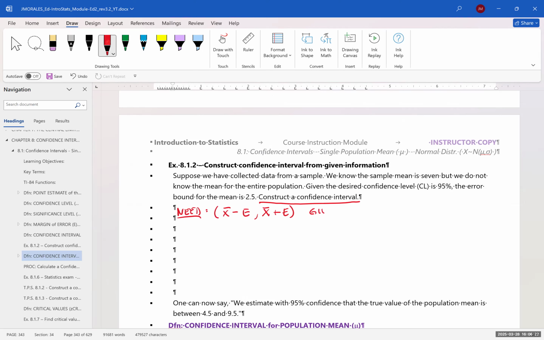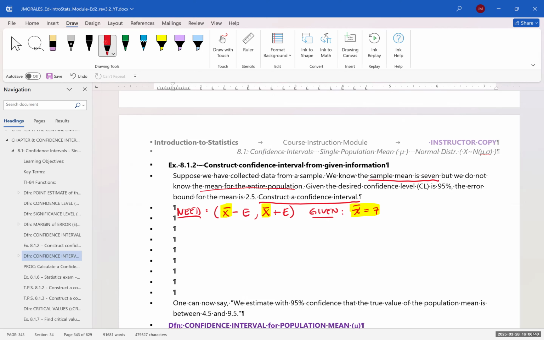So let's see, what were we given? We were told that the sample mean is 7. So that gives us a part of what we need. But we don't know the mean for the entire population; we're trying to figure that out.